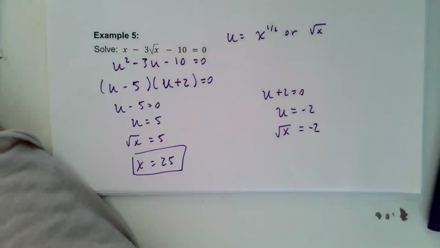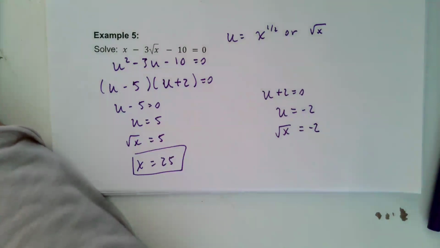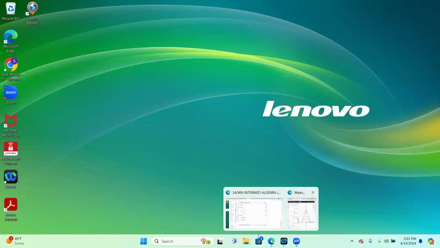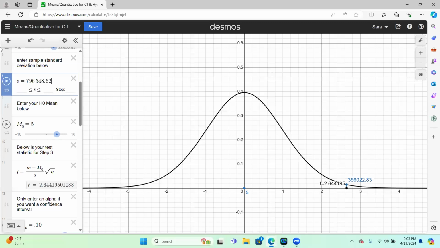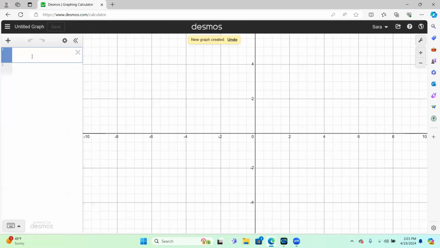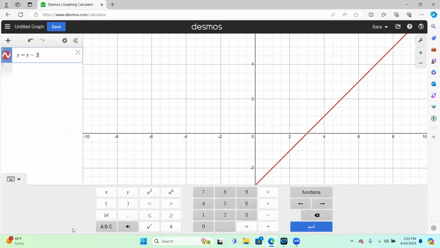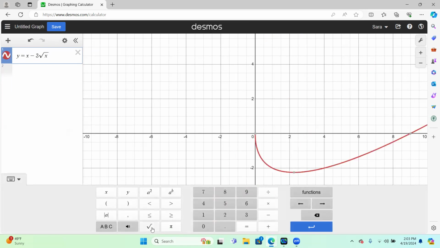Let's just check that and go to Desmos to check it out. So let's put in y equals x minus 3 square root of x minus 10.